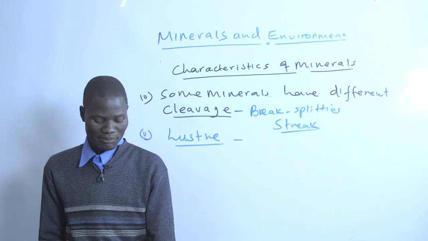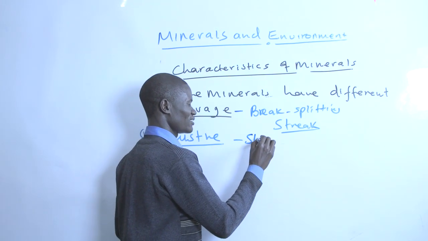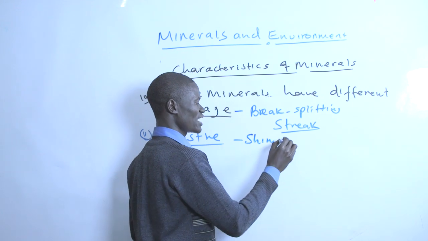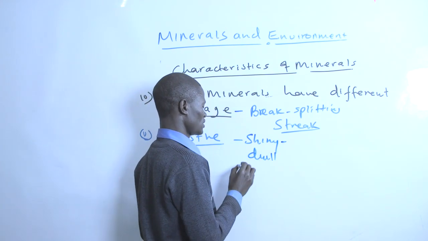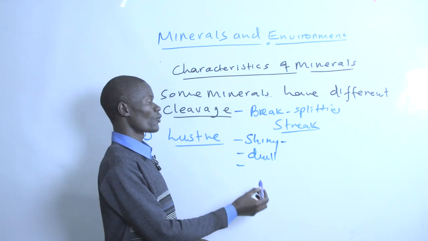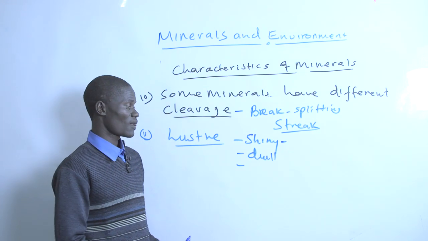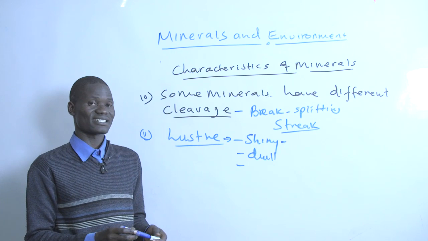You'll discover that some minerals have shiny elements; their luster is very shiny. Others are dull. Others cannot easily be seen where there is dim light. Therefore, that is the ability of the mineral having luster.